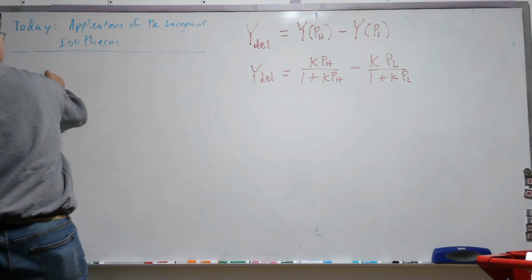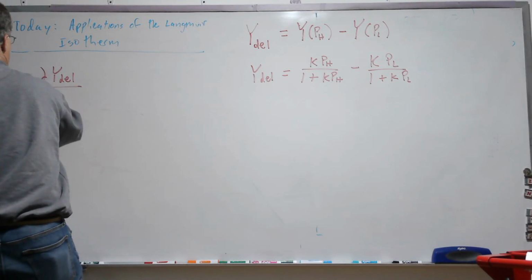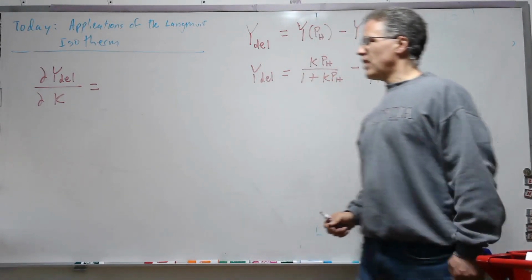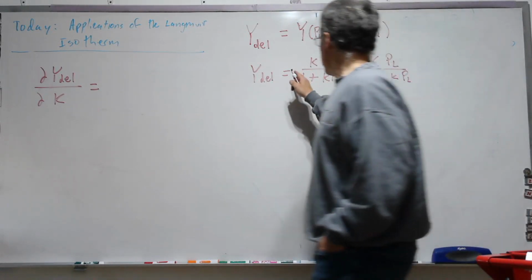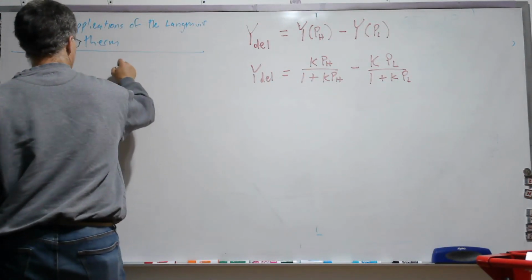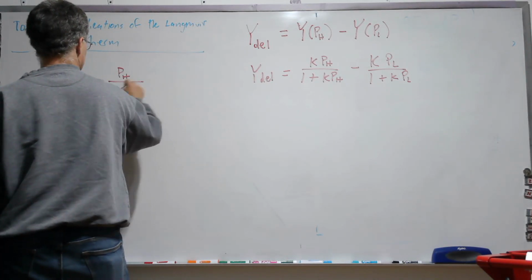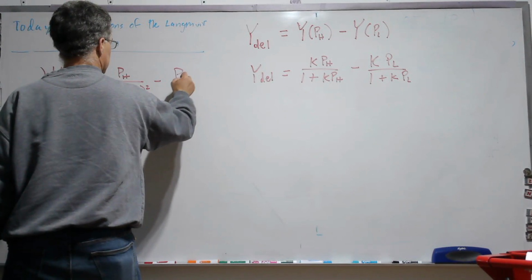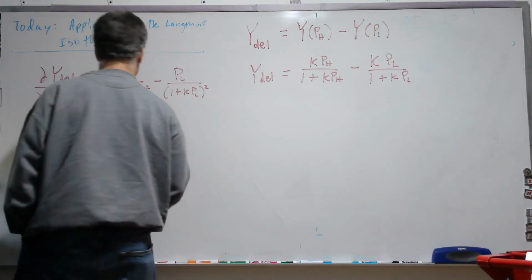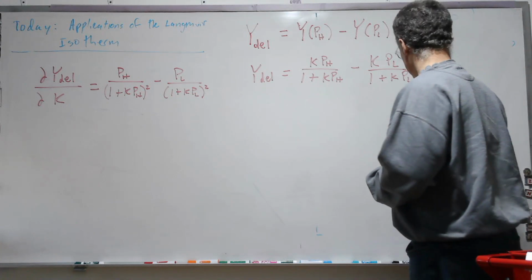So we consider the derivative of Y del with respect to K. So this is going to get squared down here. We're going to leave the PH up top. And then we set this equal to 0.